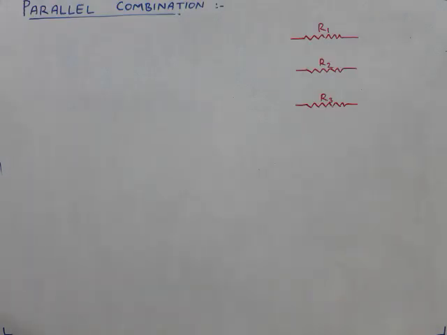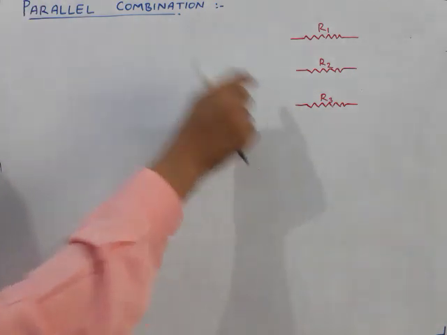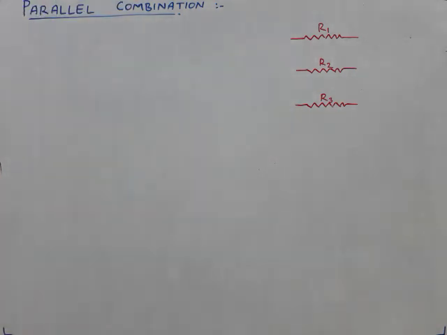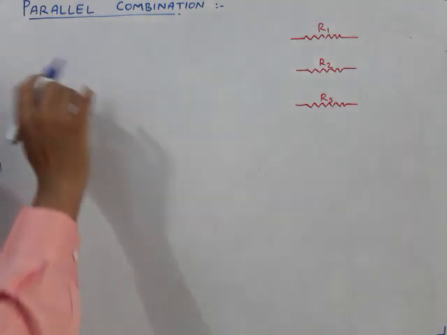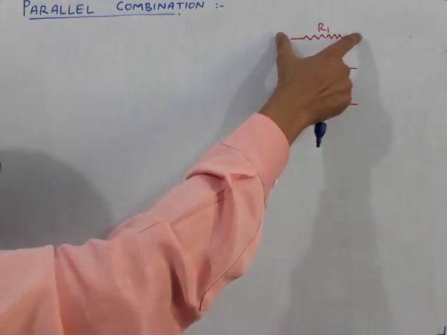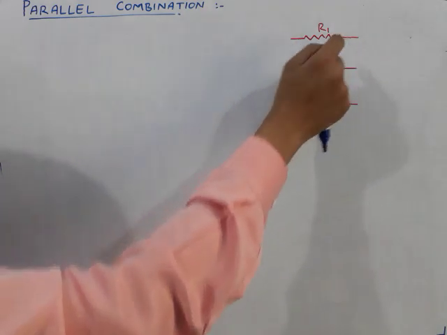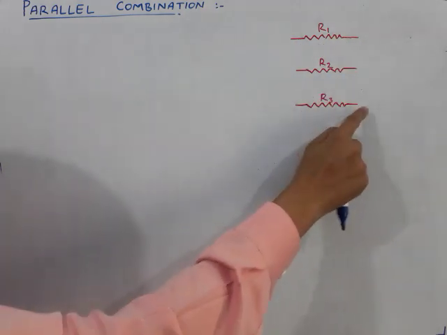Let's now discuss the parallel combination of resistors. We have 3 resistors of resistances R1, R2 and R3. To connect them in parallel, what do you have to do? Identify the ends of the resistors. These two are the ends, these two are the ends, and these two are the ends.